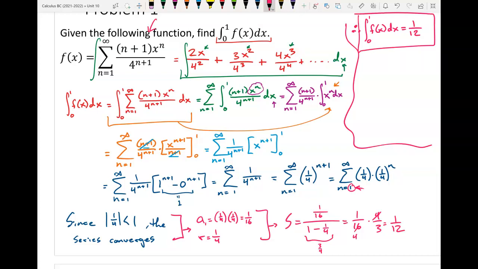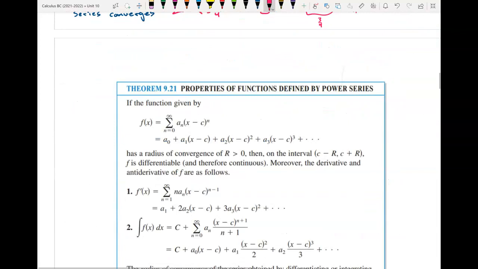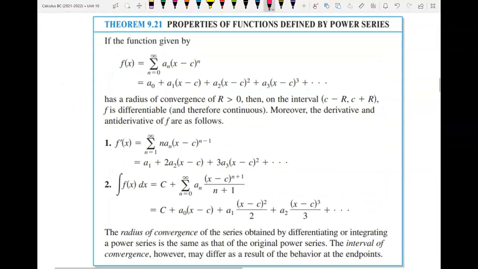So from this, we can see, hey, I can take a series and I can integrate it. Well, if I can integrate a series, I should be able to differentiate it, and that is correct. So we have these properties here of integration and differentiation.